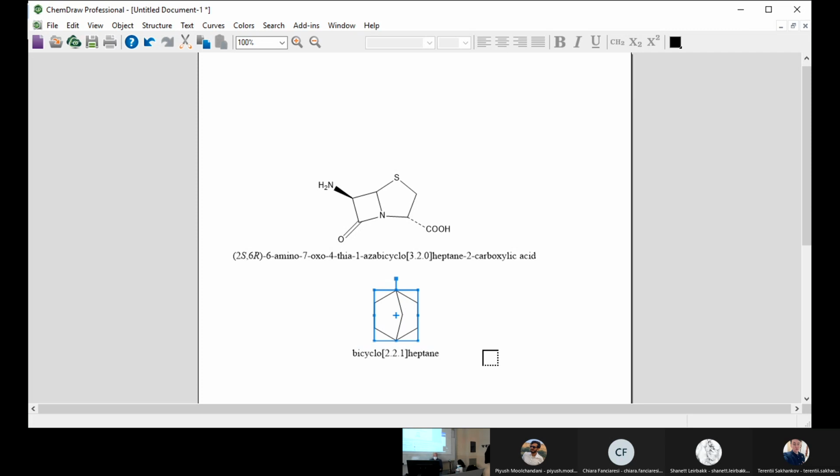So you can understand the chemical name and how we can define this ring system. In this case, you have 2 fused rings without any carbon atom between the 2 bridgeheads. In the second case, you have 1 carbon atom between the 2 bridgeheads.